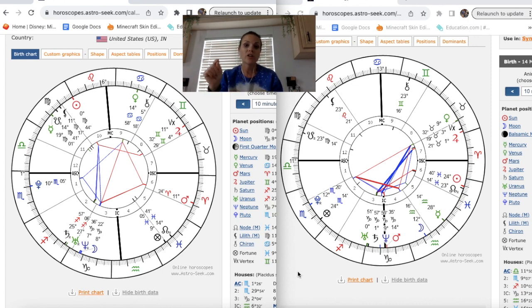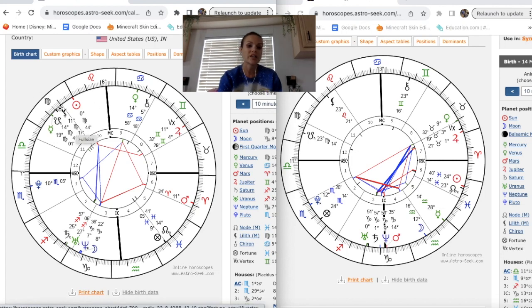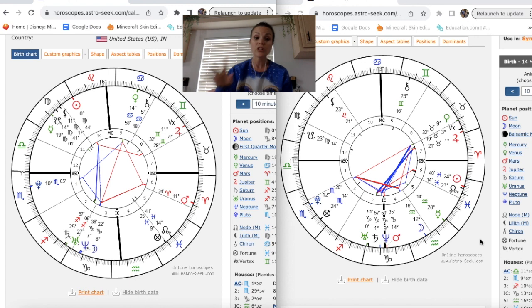The other one that signifies something really good would be sun opposite sun. So sun in Virgo here and sun in Pisces over here, which we do see. So these people would balance each other. You've got a sun in Virgo, you've got a sun in Pisces, and they are going to bring a balance.